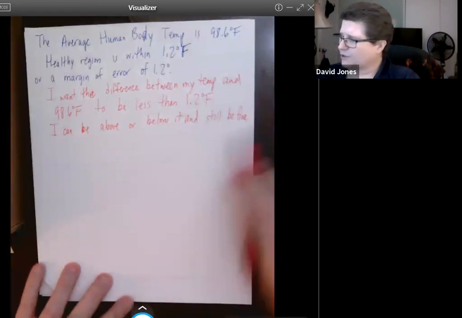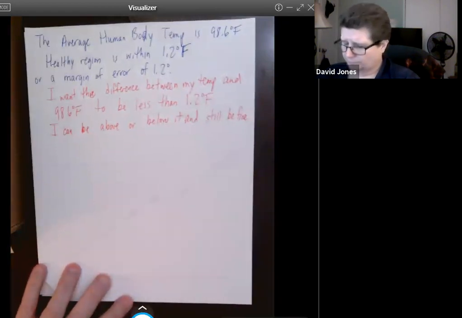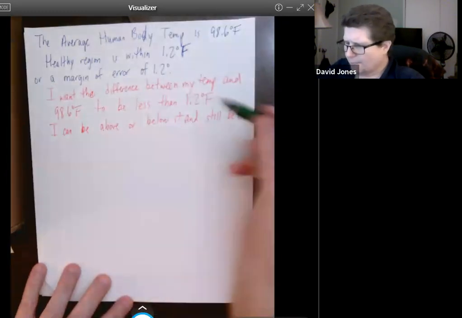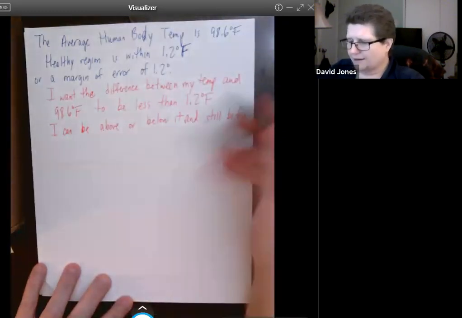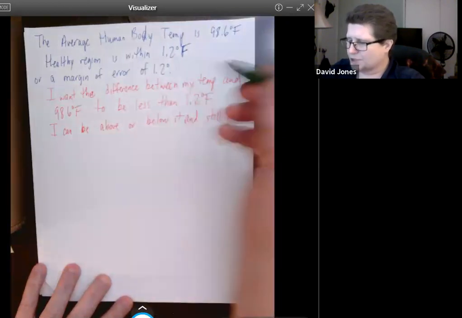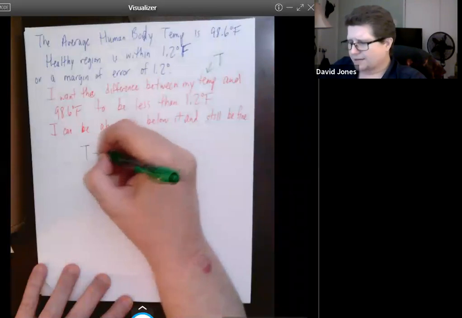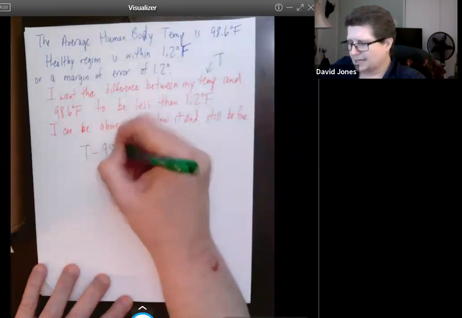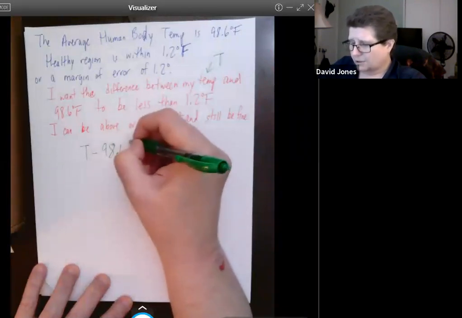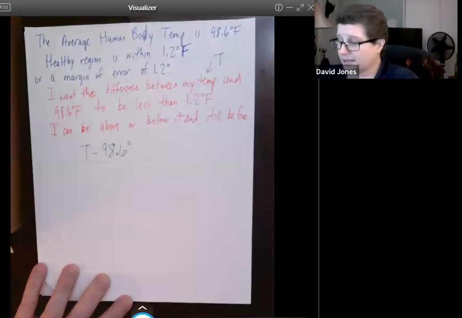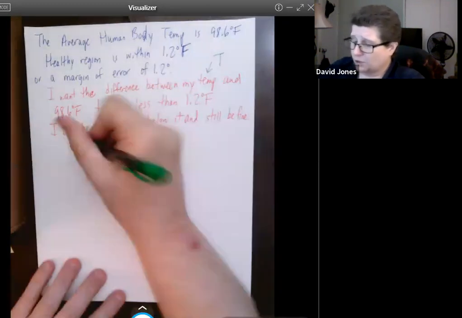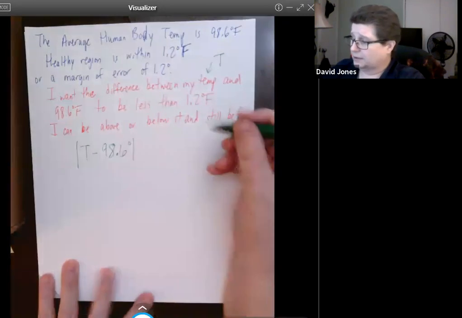How does this convert to an algebra problem? I want my difference either below or above. Let's say my temperature is T. I want the difference between my temperature and 98.6 degrees. It can be above or below, which gives you an absolute value.